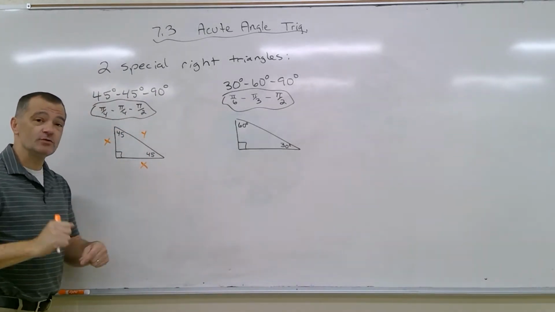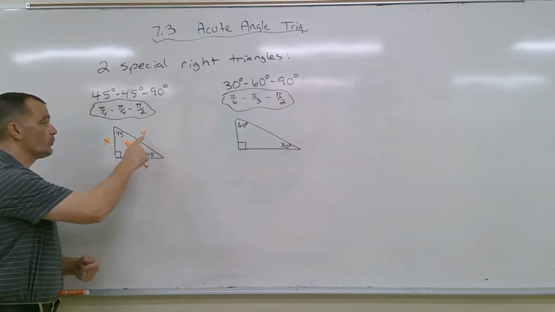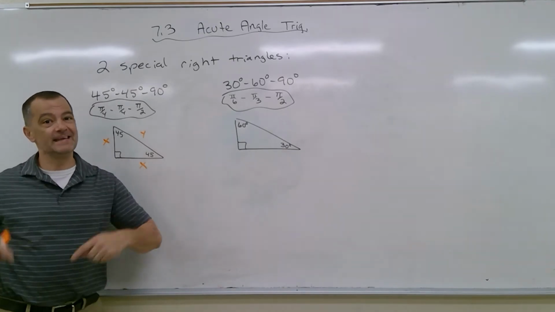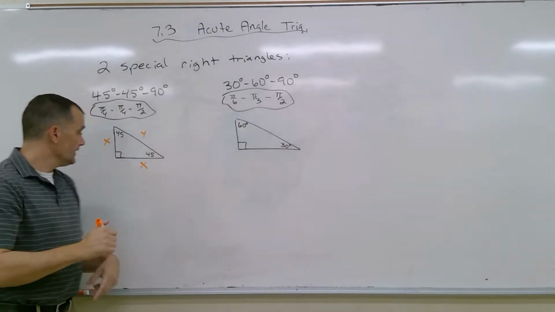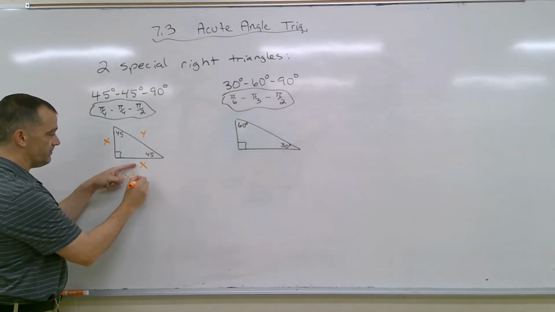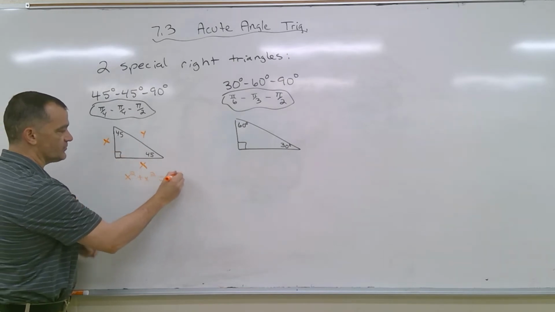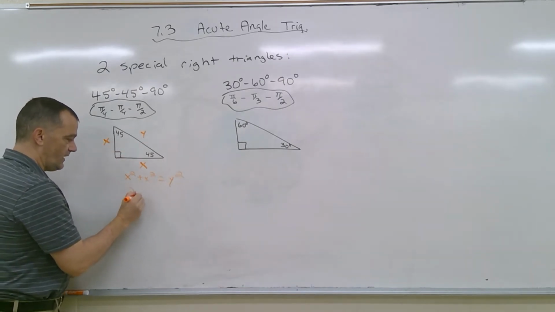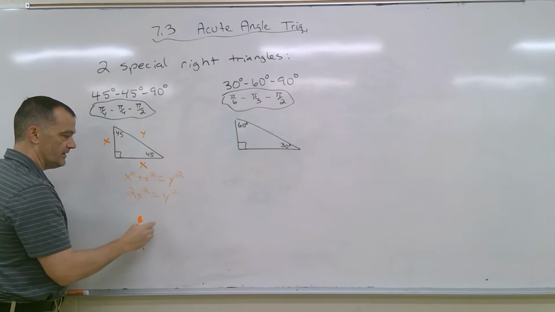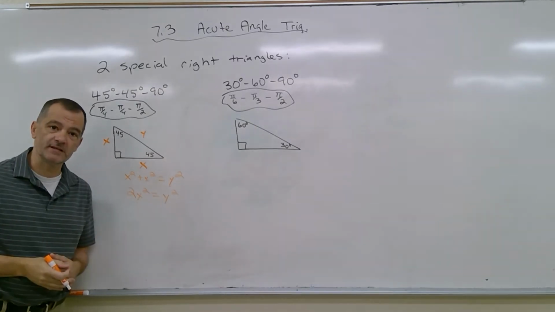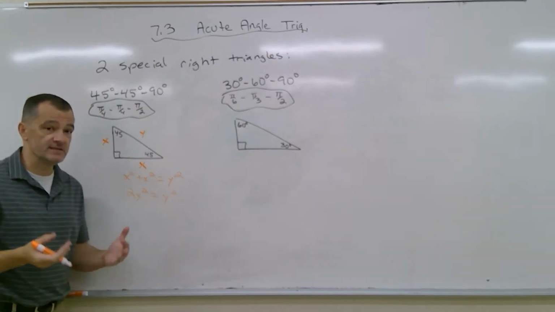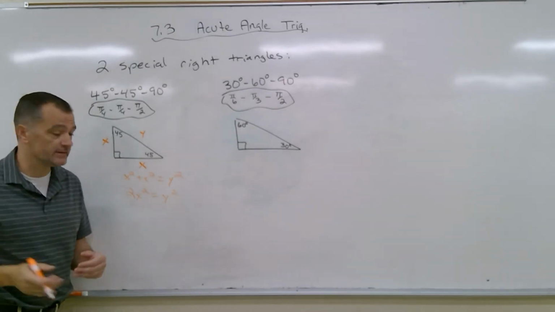But what I'm going to do is use the Pythagorean theorem to rewrite y in terms of x. So x squared plus x squared equals y squared. I've got 2x squared equals y squared. Now let me take the square root of both sides. Since we're dealing with distance, I'll only deal with the positive square root.